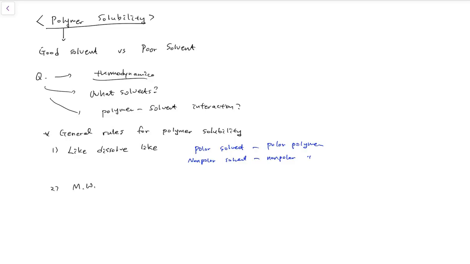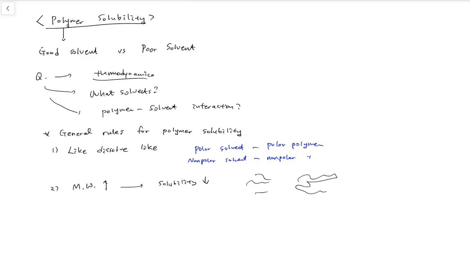Second rule: as the molecular weight of the polymer increases, solubility decreases. That's also obvious, right? If the molecular weight increases, it means the polymer chain length increases.